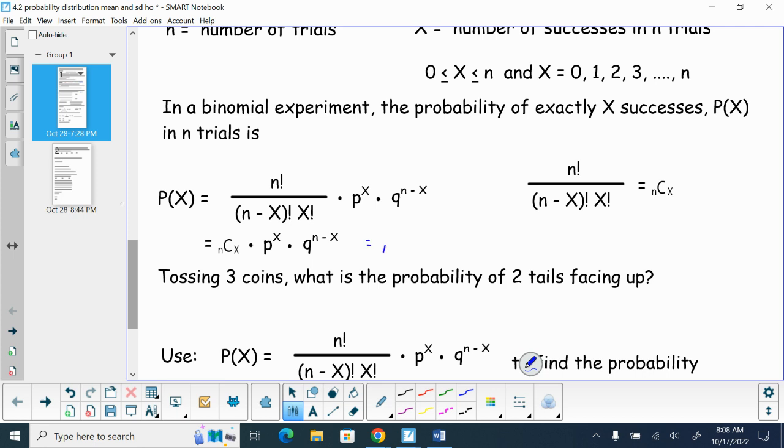So we have number of trials, C, number of successes, times your probability for success to the exponent number of successes, times the probability of failure to the number of failures.